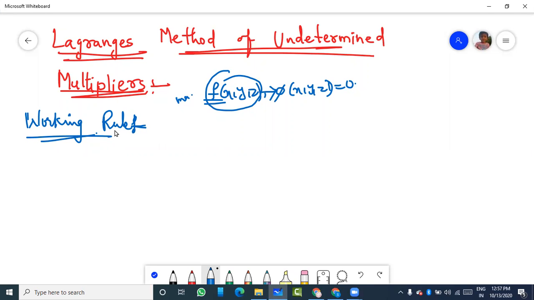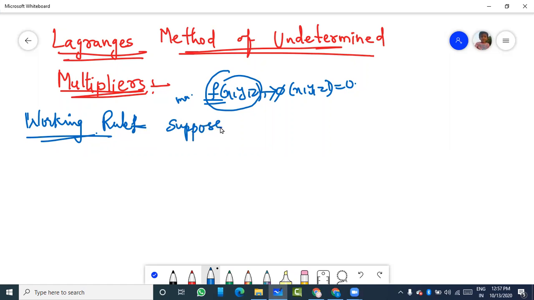First we identify the function for which we find the extremum, that is, the maximum or minimum value, and which function it is related to, that is, the subject to condition.